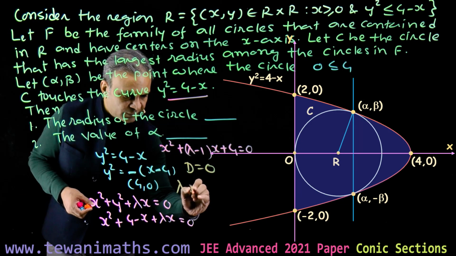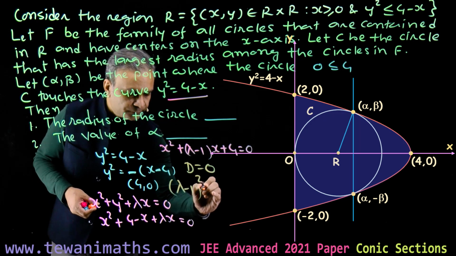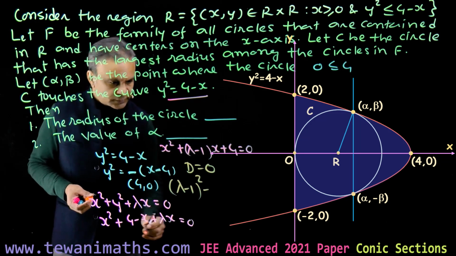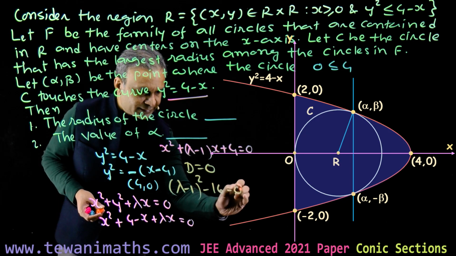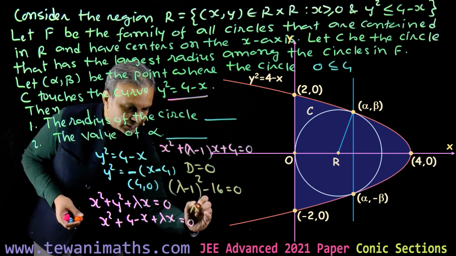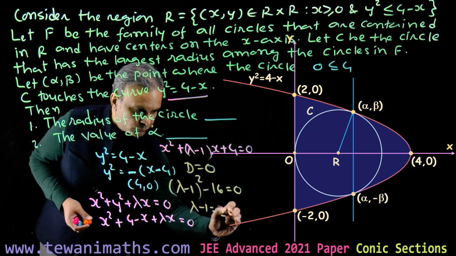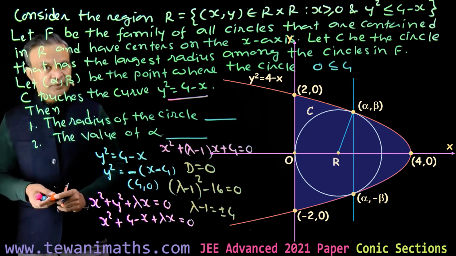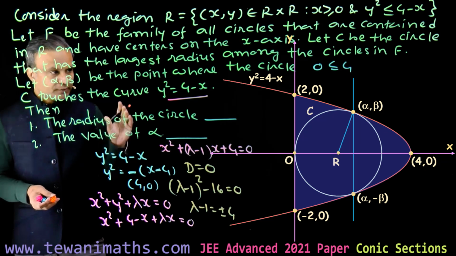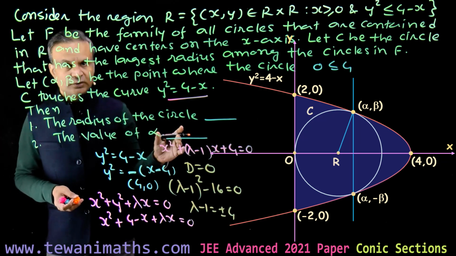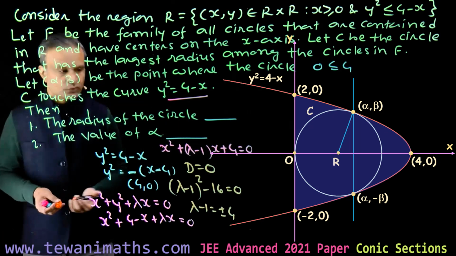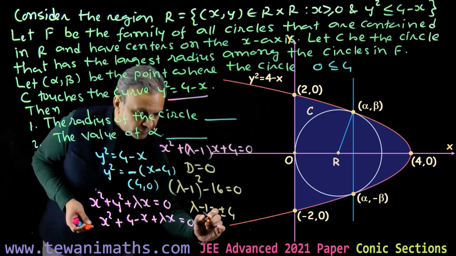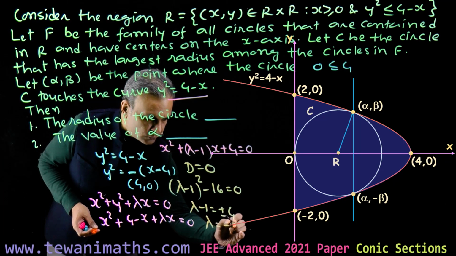So we get (lambda minus 1) whole square minus 16 equal to 0. From this we get lambda minus 1 equal to plus minus 4, and the value of lambda will be negative because the center lies on the positive x-axis. So we consider minus 4 here, we get lambda equal to minus 3.